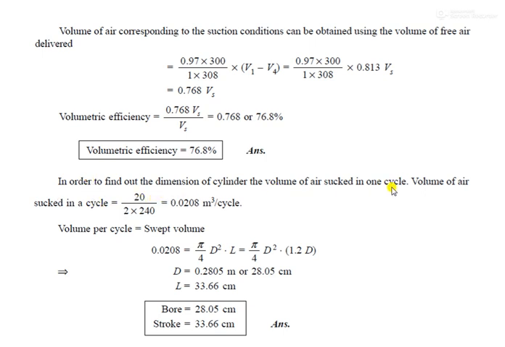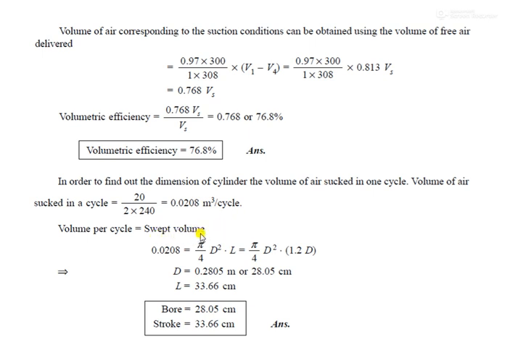Now in order to find out the dimensions of the cylinder, the volume of air sucked in one cycle is equal to 20 divided by 240. This will give us the air delivered per revolution. Because it is double acting, we further divide it by 2, and this much will be the volume of air sucked in a cycle, 0.0208 meter cube per cycle.